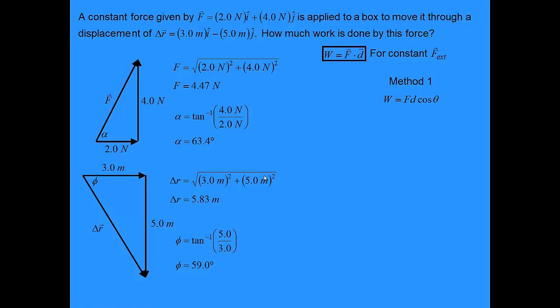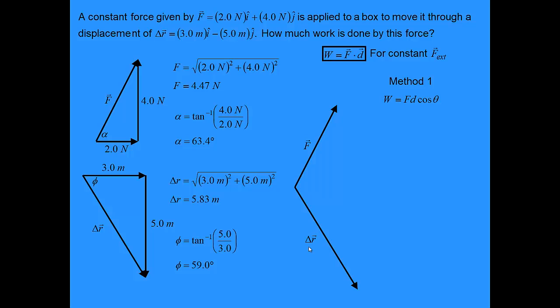So, I can now use this equation. I know the magnitude of the force, 4.47 newtons. I know the magnitude of the displacement, 5.83 meters, but I still need to know theta, which is not alpha or phi. It's the angle in between the force and the displacement. So let's figure that out by drawing those two vectors tail to tail. There's the force, there's the displacement.